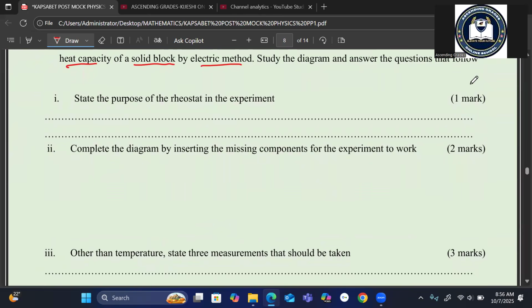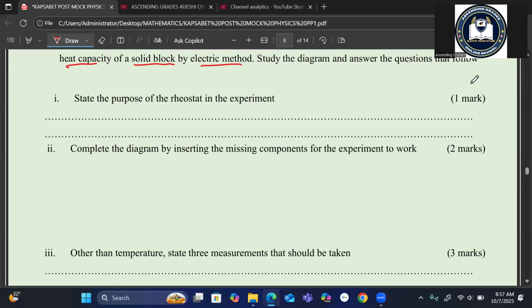The rheostat is used to control the amount of current.